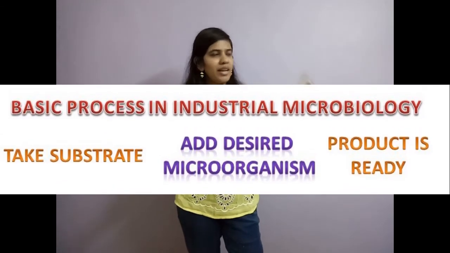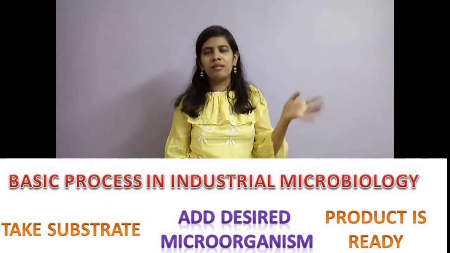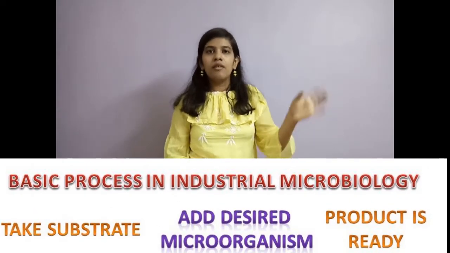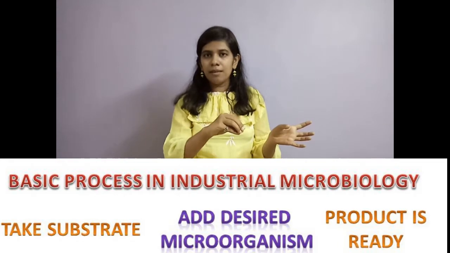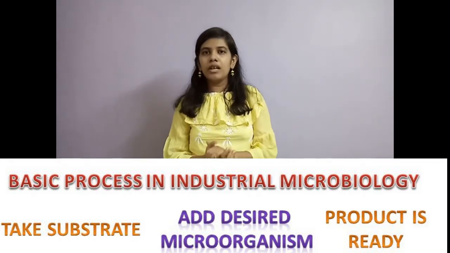So the basic thing that you should remember is we are taking some substrate, that is some food compound like wheat, rice, milk, we are adding some microorganism and then it gets converted into some different product. In the milk products, the basic things used were lactobacillus, streptococcus and milk.